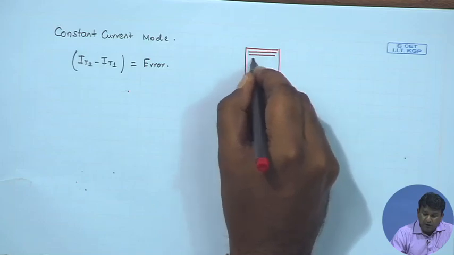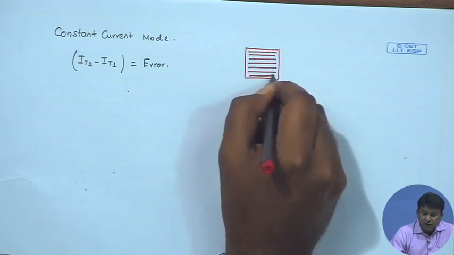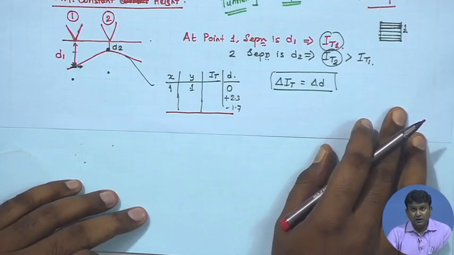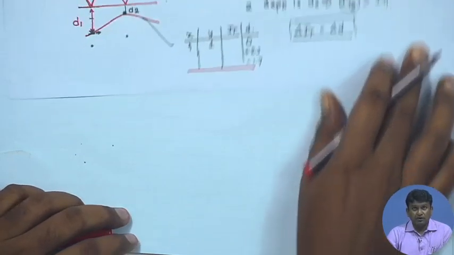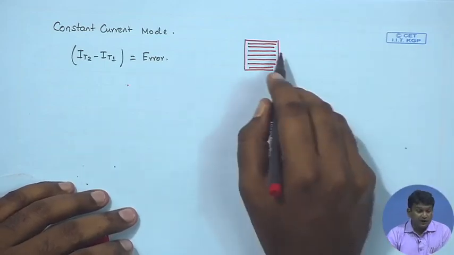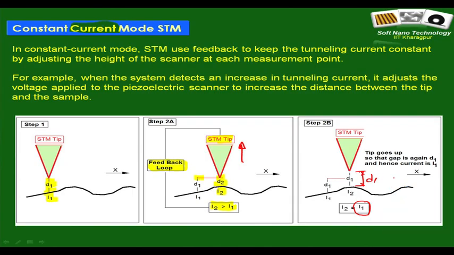At every point, now what do you measure? Because now, unlike in the previous case where the tunneling current was different at every point, that is not the case, because due to the presence of your feedback loop, the tunneling current is in fact the same at every location, right.